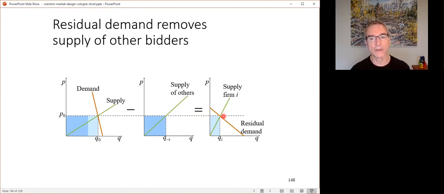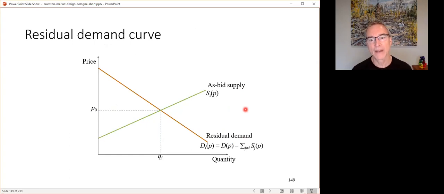But the reason it's useful is it's this residual demand curve that the supplier is going to be optimizing over when considering their price impact. Just the way it was the residual supply curve in a forward auction that a demand bidder is going to be optimizing to determine price impact. So here it is with the formulas for residual demand, and here's my supply curve as bid.